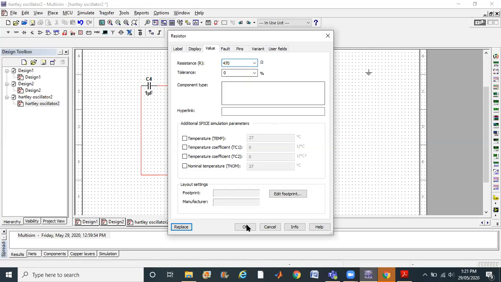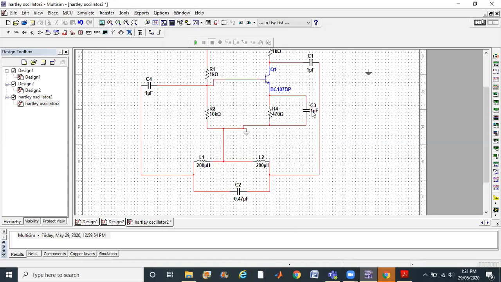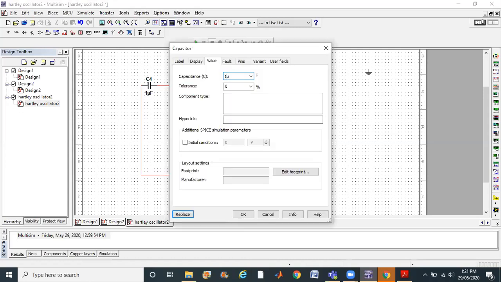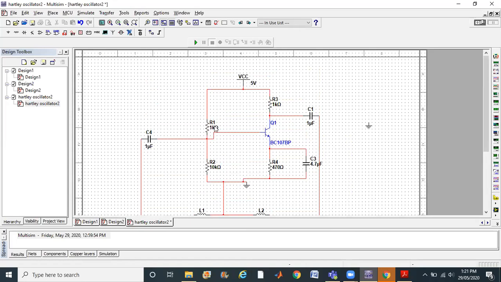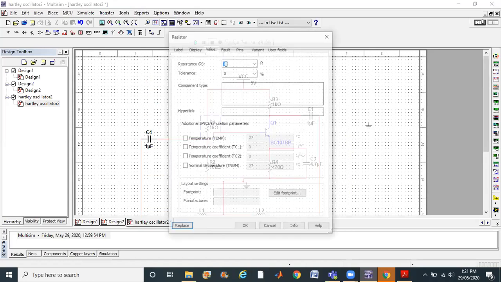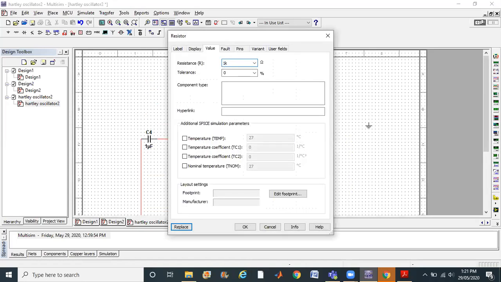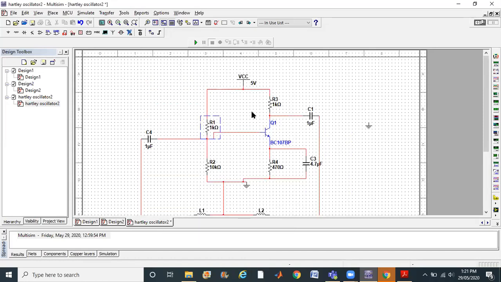About 70 ohms, and this is going to be 4.7 microfarad, and this is going to be 33 kilo ohms.